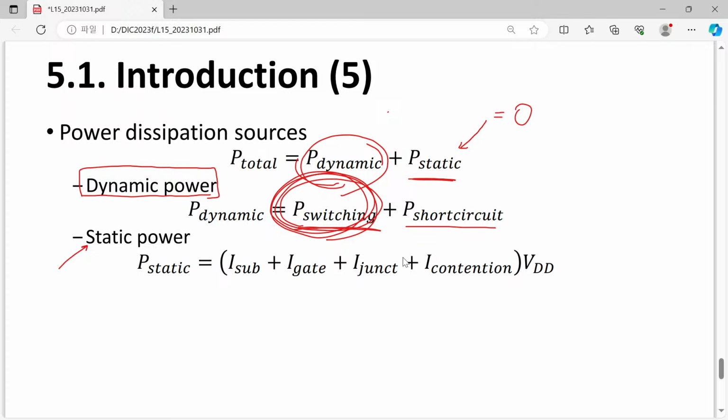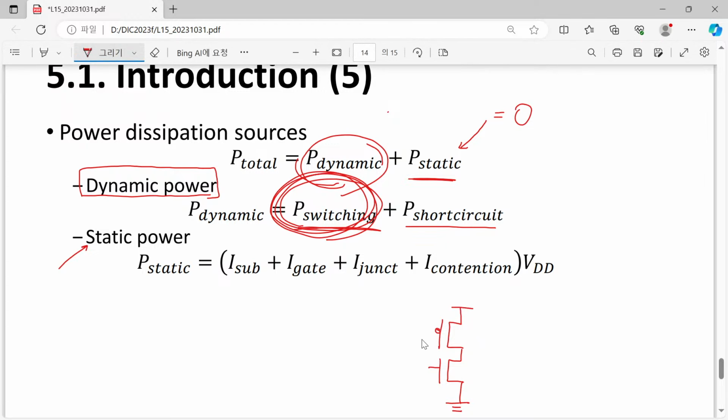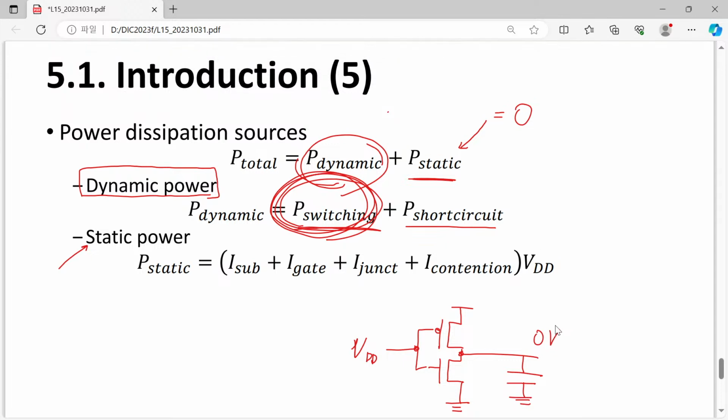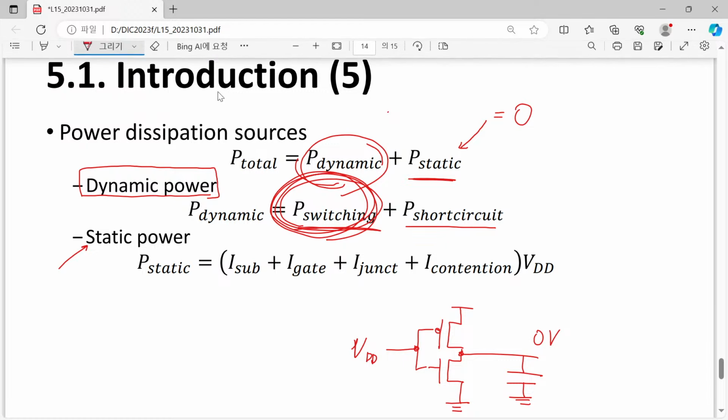So let me come back to our original discussion about the CMOS inverter. Now we just apply a DC bias, let's say 1 volt, also say VDD, and our capacitor is discharged, so 0 volt. And now we are looking at the static power consumption.